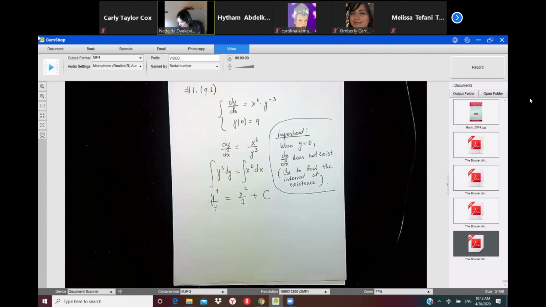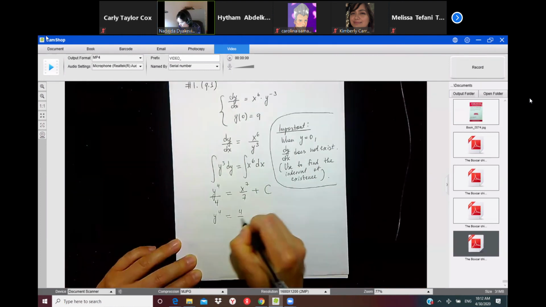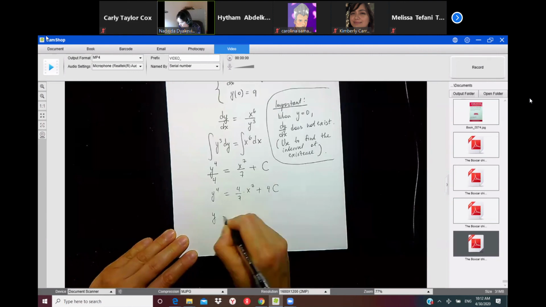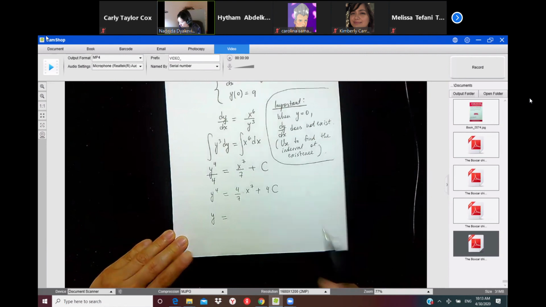And finally, I'm going to take the 4th root of both sides. When we do that, technically it's plus or minus, right? We will have to choose which one when we examine the initial condition. It cannot be both. So let's see, 4 over 7, x to the 7 plus, this is the 4th root.